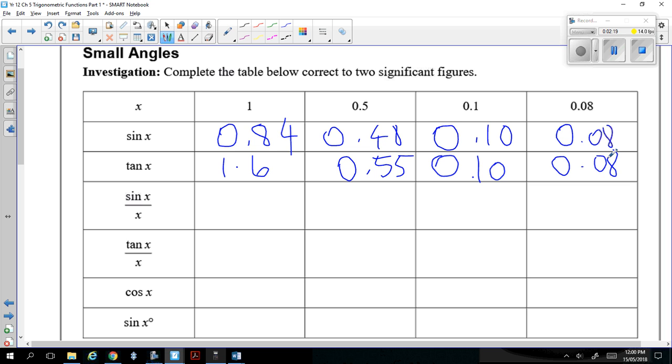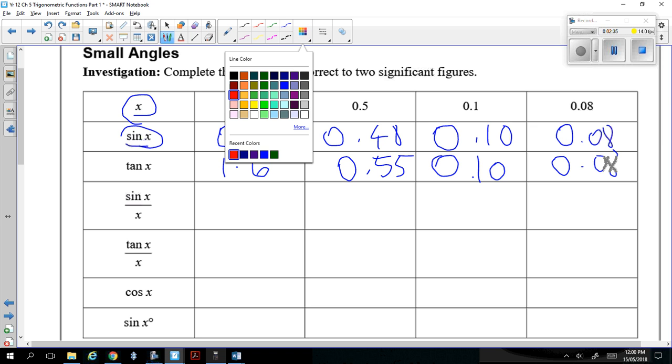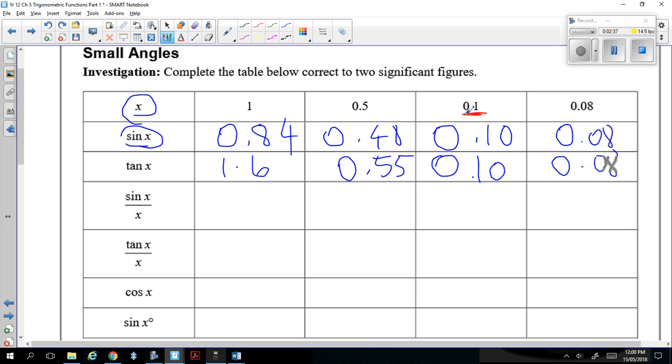Okay, so we did it for sine and tan. Hopefully you notice something. As x gets smaller, approaching 0, what do you think about the connection between sine x and x? What do you find their values? They look the same, right? 0.1, 0.1.